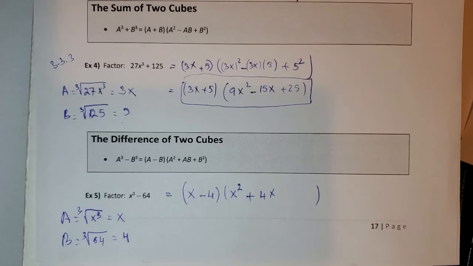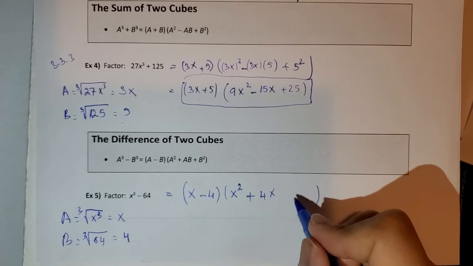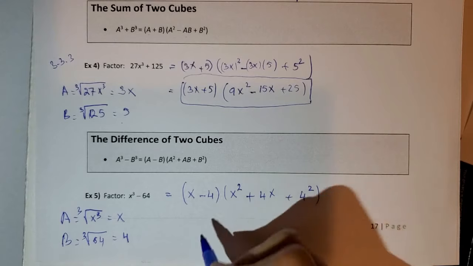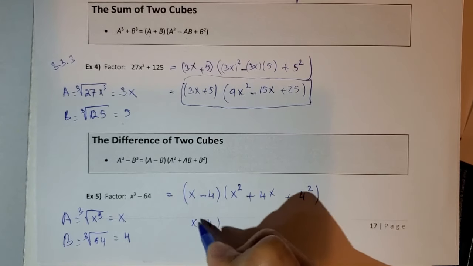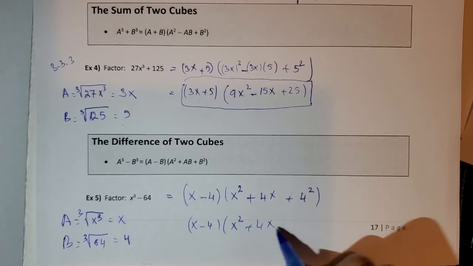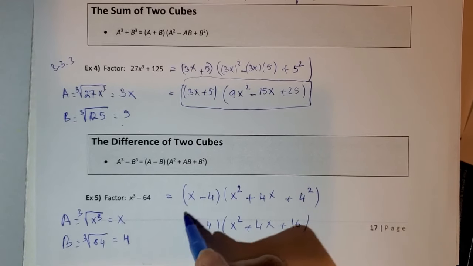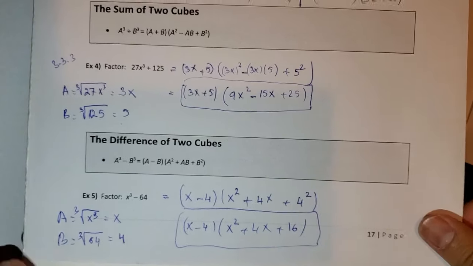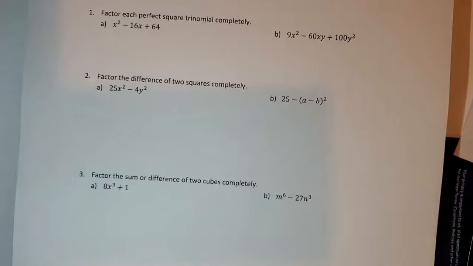Now you are going to have b square, which is 4 square. So now let's finish this one. It's going to be h square plus 4h, and 4 square we know is 16. So that's your answer.